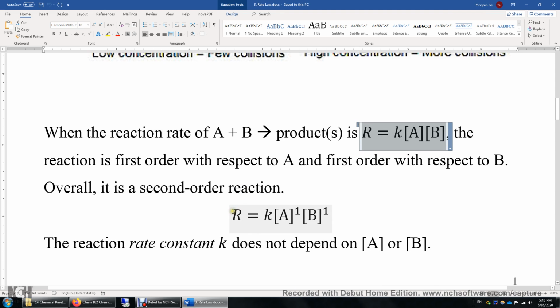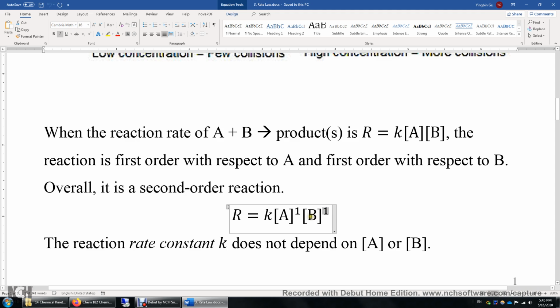This is because R is really K times A to the power of 1 times B to the power of 1. So if you look at this number 1, that means R is proportional to A to the power of 1. That means it's first order with respect to A. Similarly, it's first order with respect to B.